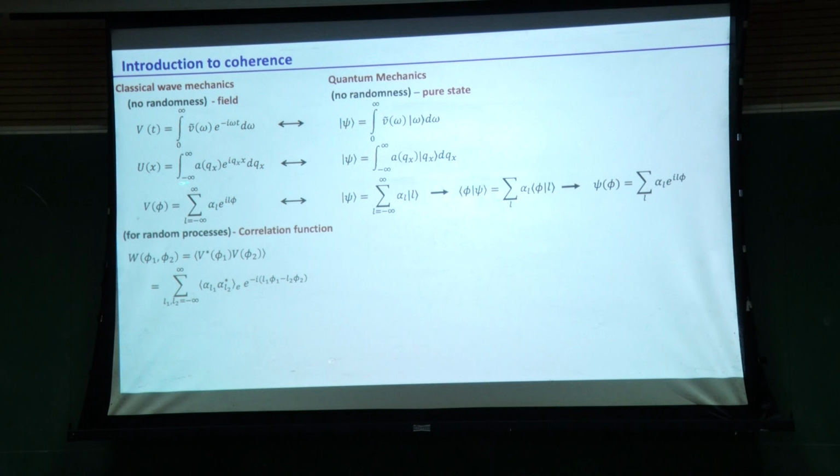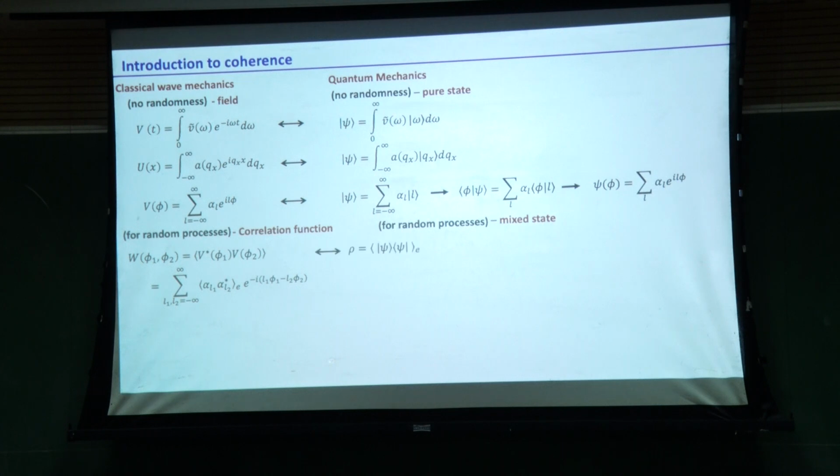This is a very central concept to coherence. And if I use this expansion, then this correlation function looks like this. Of course, there's nothing random about the modes themselves. The randomness is only in the amplitude, so it will look like this. Now, in the quantum case, when you have a random process, we call it a mixed state. In the non-random case, a pure state.